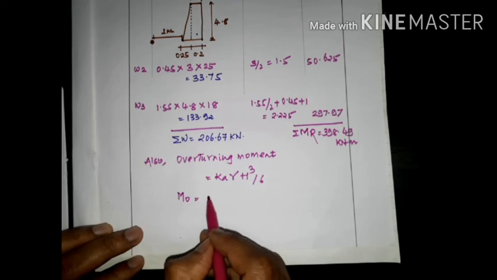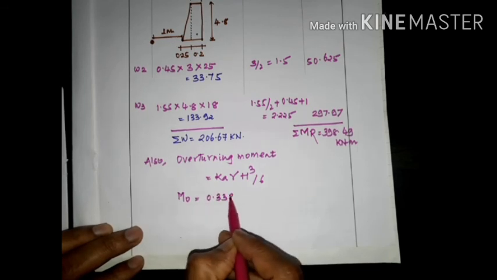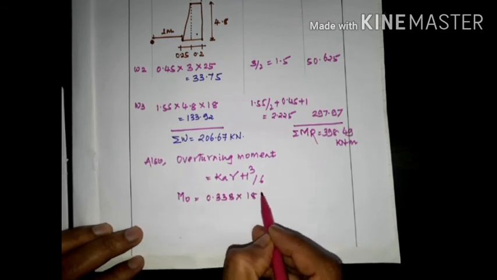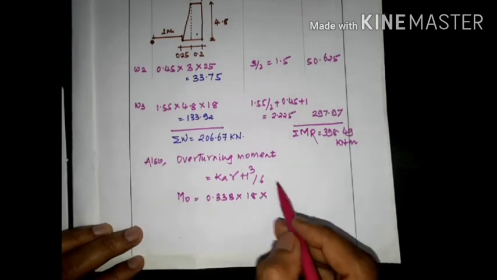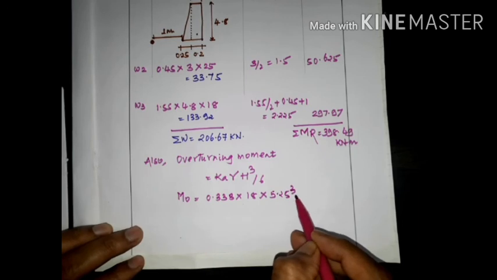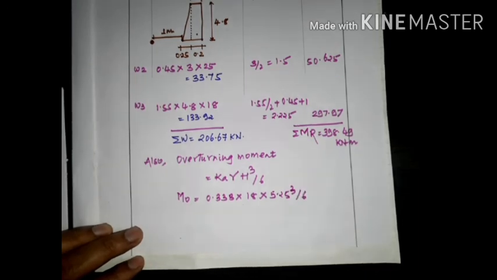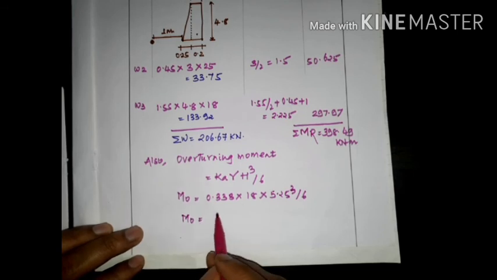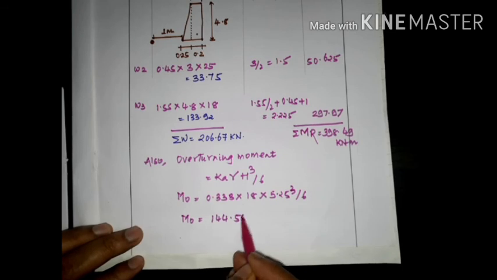So Ka we got as 0.333, gamma is 18, that is the density of soil, H is 5.25, the total height, H cube by 6. So we'll get the overturning moment as 144.55 kilonewton meter.